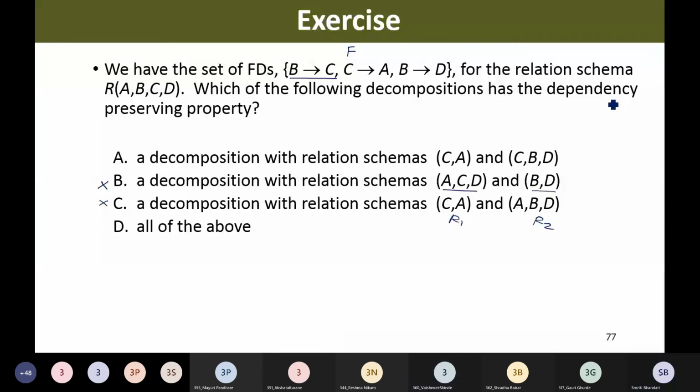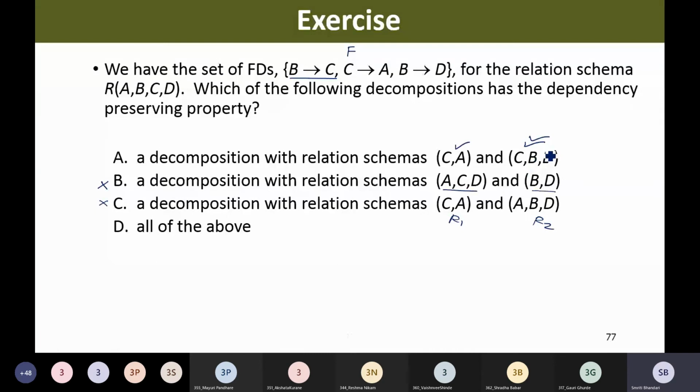C to A is direct, so B to C can be tested with this. C to A can be tested with this. B to D can be tested once again with this. So we need not compute a join of these two.